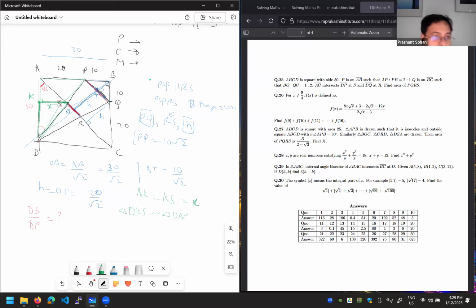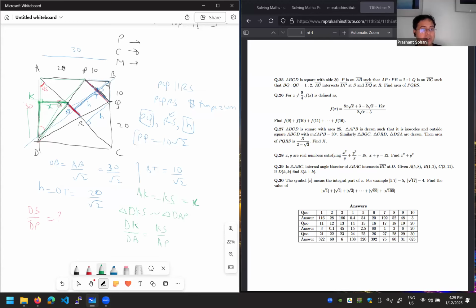So by basic proportionality, I can equate DK upon DA is equal to KS upon AP. And now I can solve this to get the value of X.